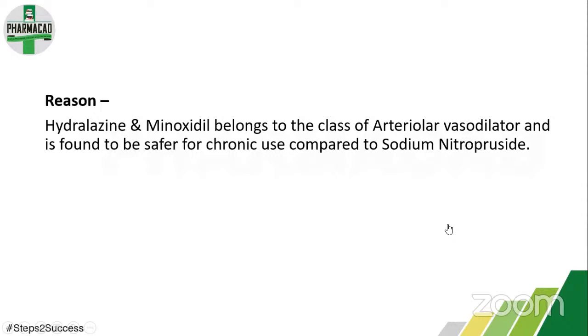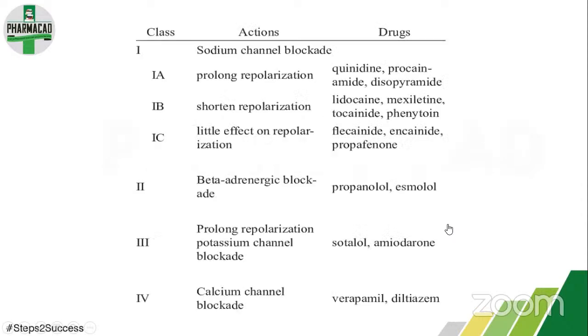Let us look at the next set, that is antiarrhythmic. Again, as I said, the majority of your MCQs will lie in this part itself. Which drug belongs to which class or has what action? So let us look at the drugs once.